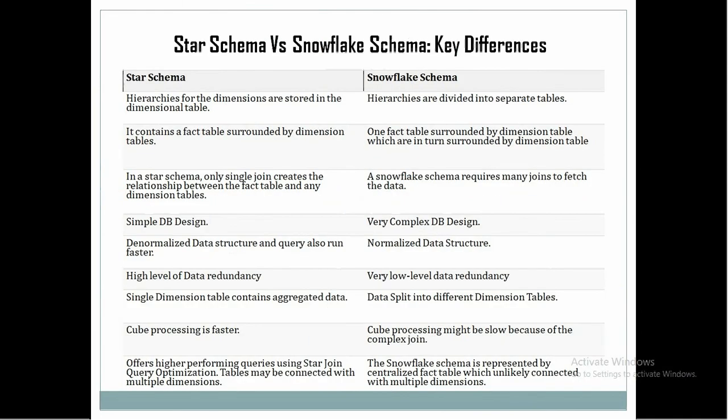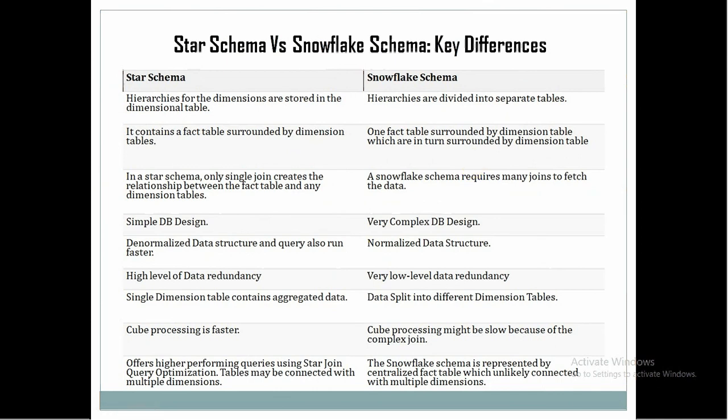These are the key differences. In star schema, hierarchy for the dimensions is stored in the dimension table, and in snowflake schema, hierarchy is divided into separate tables. Star schema contains a fact table surrounded by dimension tables. In snowflake schema, one fact table is surrounded by dimension tables, which are in turn surrounded by dimension tables.